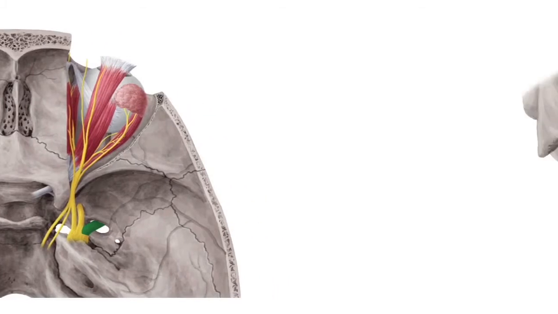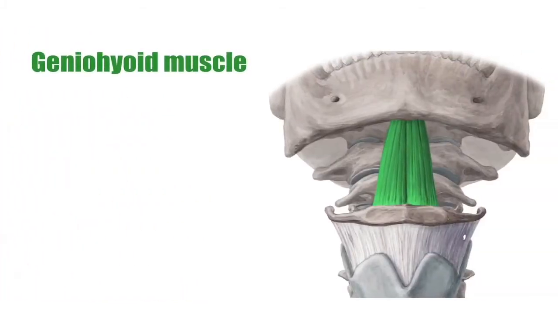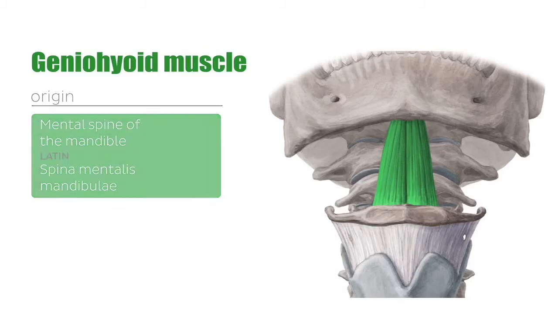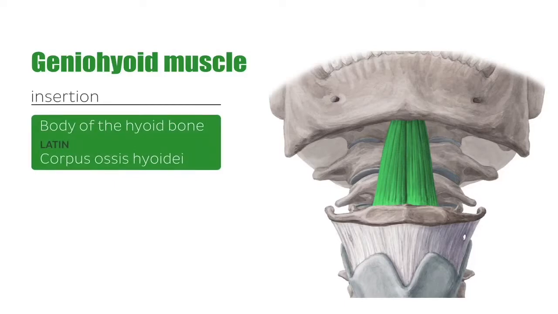Next on our list is going to be this muscle that you see here highlighted in green, the geniohyoid muscle. And in terms of the origin point for this muscle, it's going to originate from the mental spines of the mandible at the inner surface of the mandible. The muscle is going to insert distally to the body of the hyoid bone. And you can clearly also see here the muscle inserting on the body of the hyoid bone.